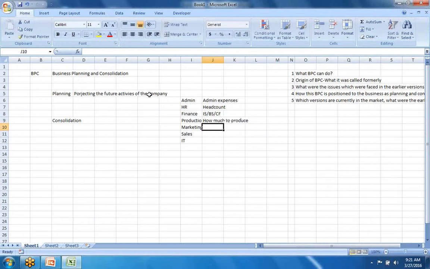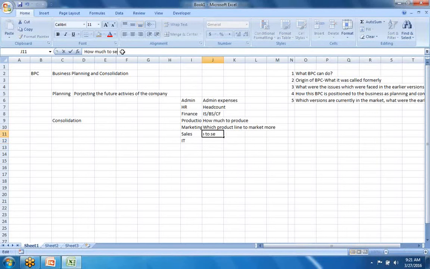The marketing department will be planning which product line to market more, and the sales department will be planning which product, and how much of it, to sell based on the demand.